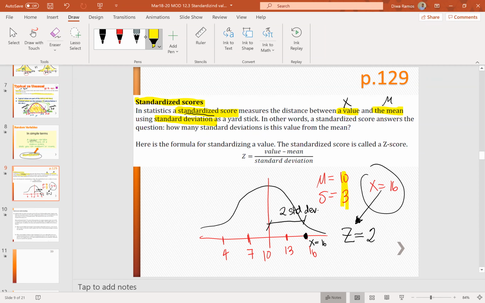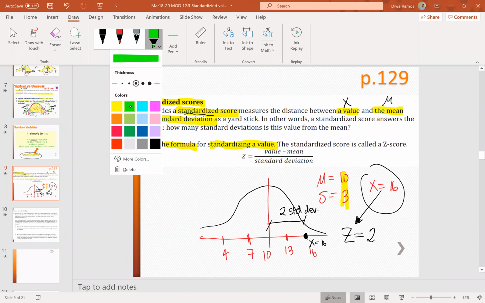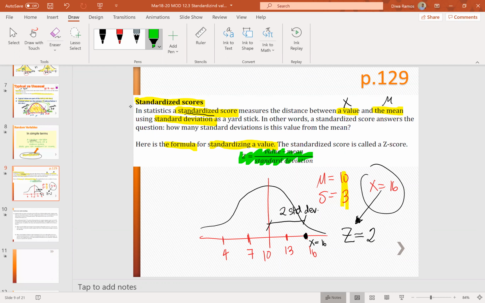Okay, how do we standardize? We standardize a value using a formula, and that's the formula you see here. To get what we call the z-score, we subtract the mean from the value.